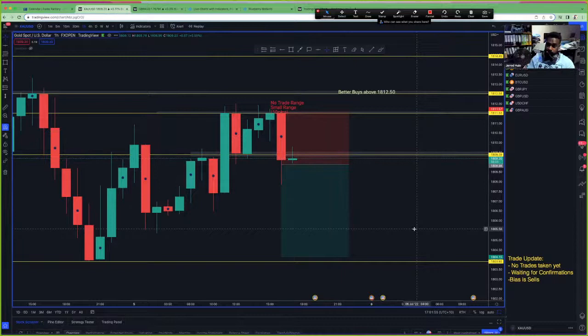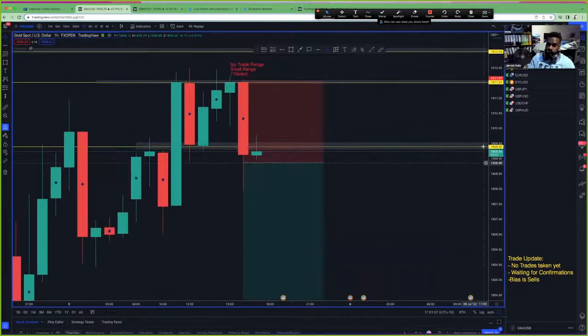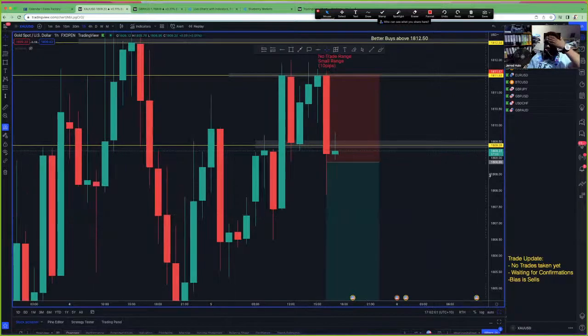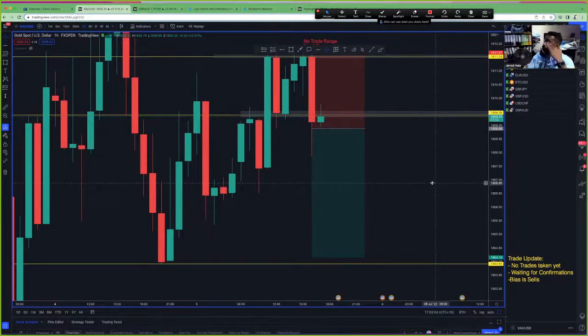Yeah, right as this candle's flipping, there could be an opportunity to scale in right over here, anticipating price to drop a little bit further now.